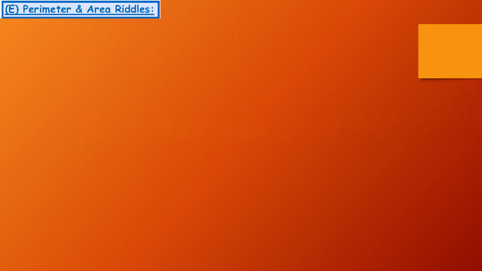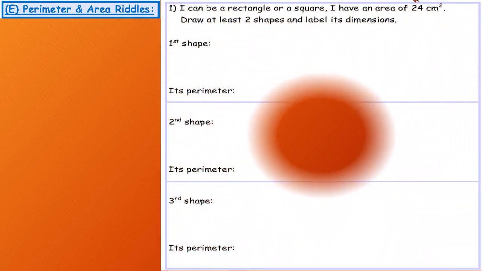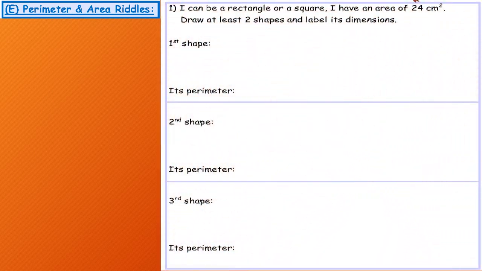E. Perimeter and area. Number 1. I can be a rectangle or a square. I have an area of 24 centimeters square. Draw at least 2 shapes and label its dimensions.